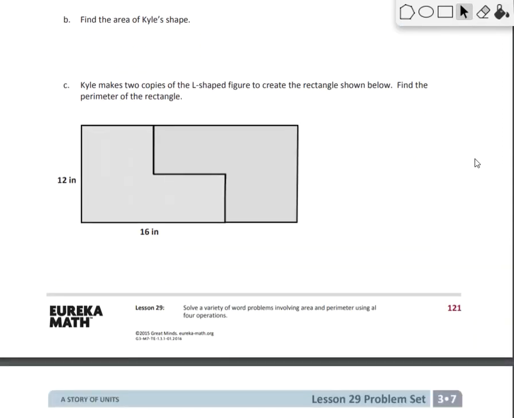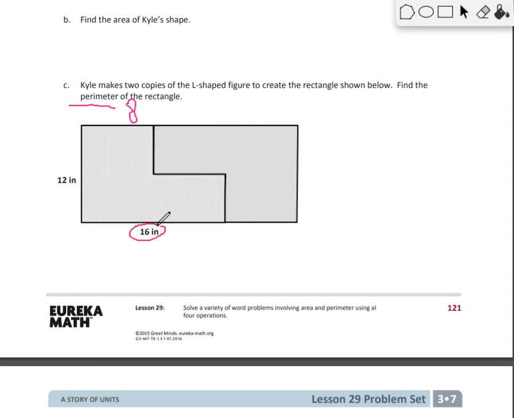Kyle makes 2 copies of the L-shaped figure to create the rectangle below. Find the perimeter of the rectangle. So this is actually very convenient for us because we already know all our side lengths from up top. We know this is 8. Look what he did here. He flipped it upside down.